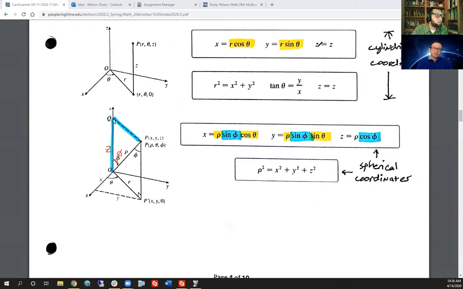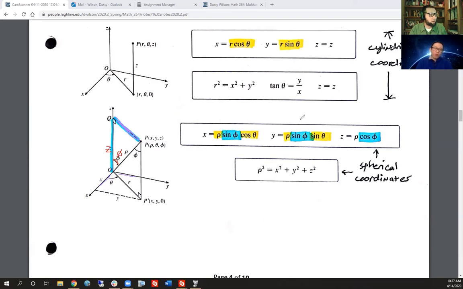And your x and y, if you will, are going to be related to this distance, which is opposite phi, and so you're going to have a sine phi. When I was a student in Calc 4 way back in the day, trying to memorize these was hard to keep track of.